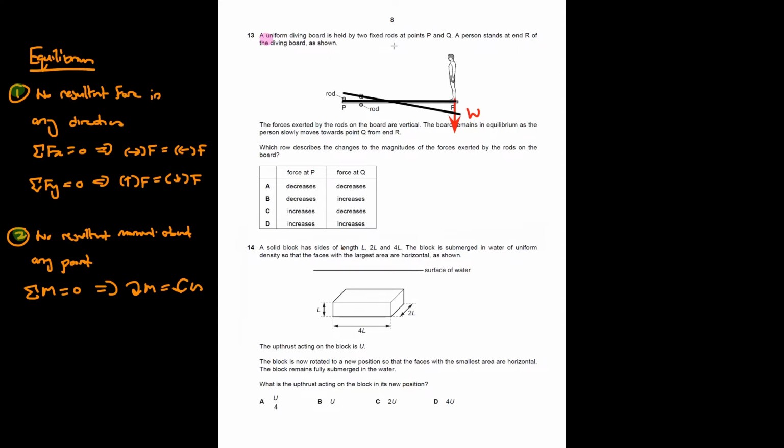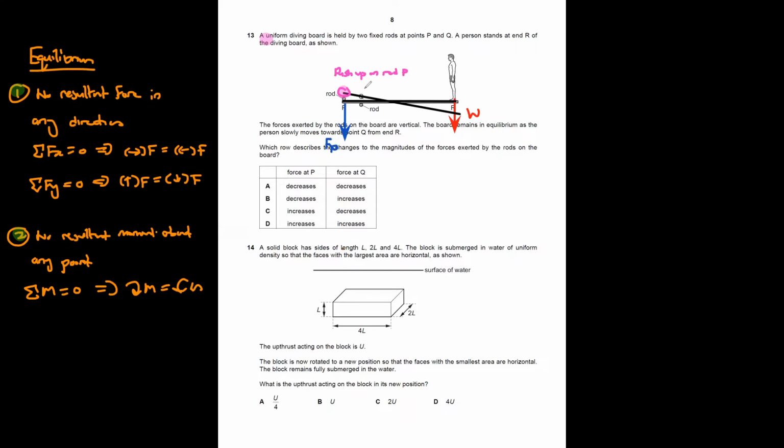So you can imagine that this end of your plank is actually pushing up on the rod P. And for the furthest end here, the plank will push out on rod P. So if it's pushing out on rod P, the force exerted by rod P on the plank must be downwards. In my case, it's like this. Let's call this force FP.